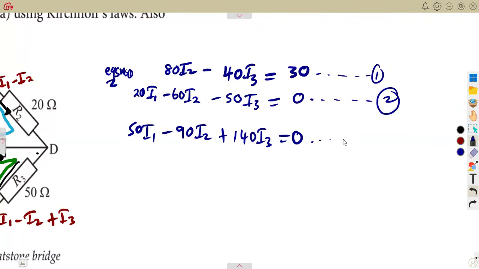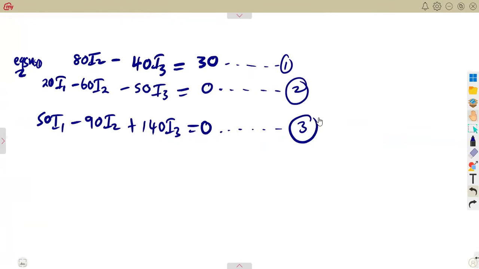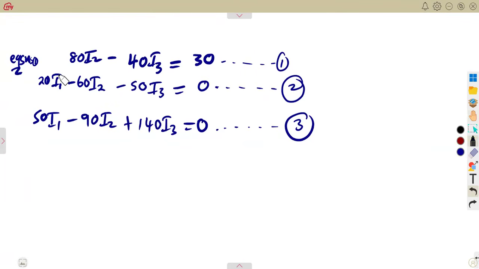Now, after forming these, you have three equations. You are now supposed to solve these equations. How to solve them is your choice. Are you going to use elimination, substitution? Are you even going to use those determinants from your Mathematics N4?